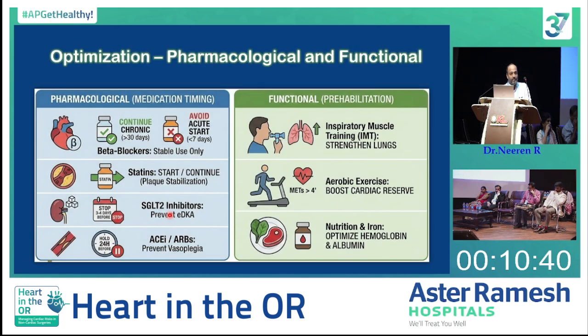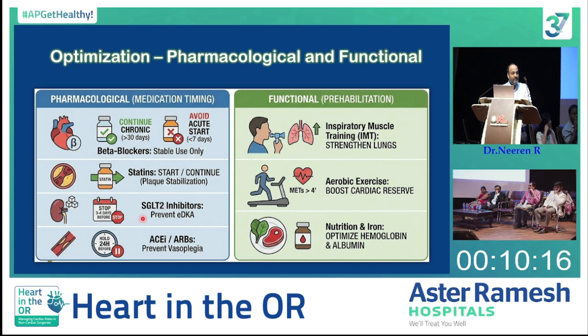When you talk about optimizing perioperative risk in the pre-op time, the most important is pharmacological and also functional optimization. Nowadays, most patients are on SGLT2 inhibitors, and this is becoming an increasing risk factor for perioperative mortality and perioperative sepsis, especially when they land up in emergency situations.